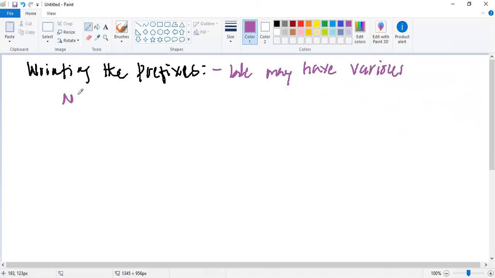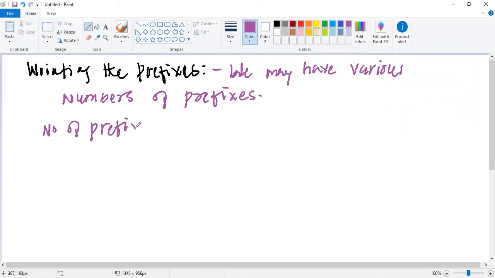If we have the number of prefixes 1, or 2, or 3, or 4, or 5, what do we write? Let us study.